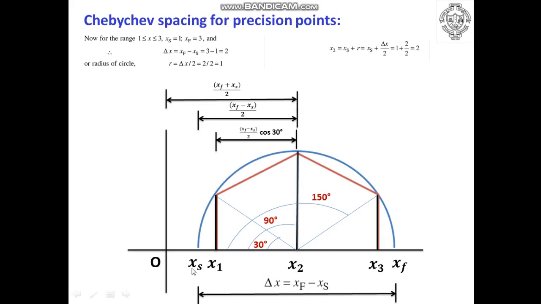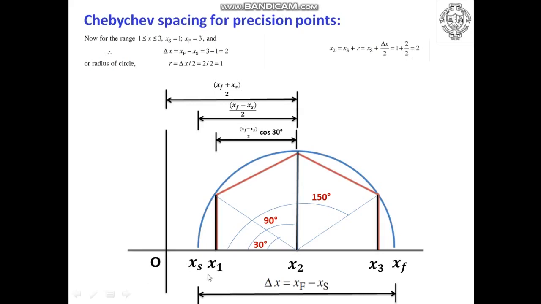As we know the value of xs, that is nothing but the distance from point O to xs. That is why it is written as xs plus r, or xs plus del x divided by 2. As we know the value of xs as 1 and del x as 2 divided by 2, we get 1 plus 1, which is 2. So the value of x2 has been evaluated to be 2.